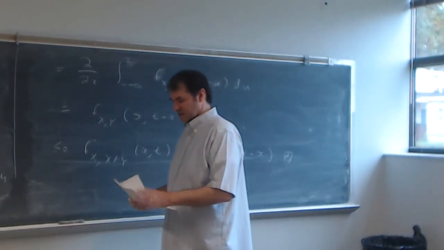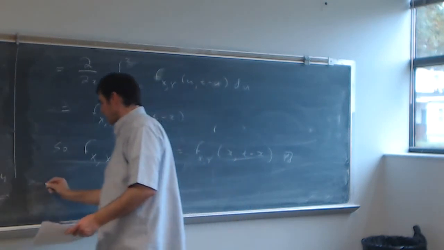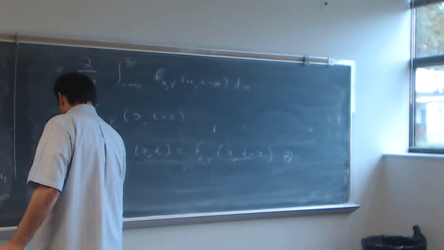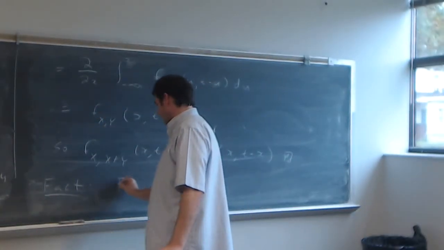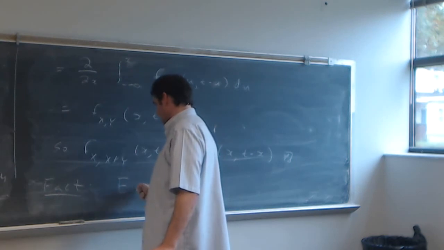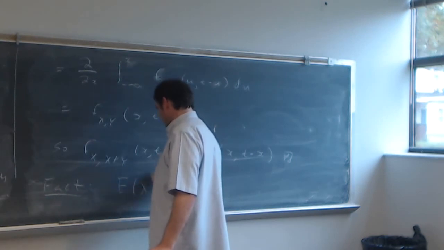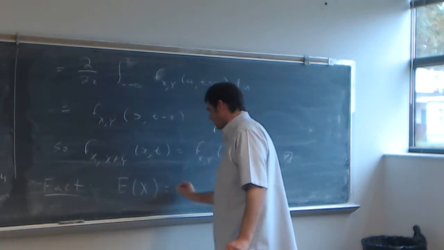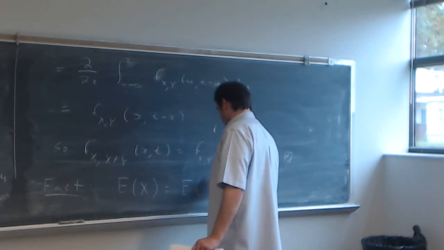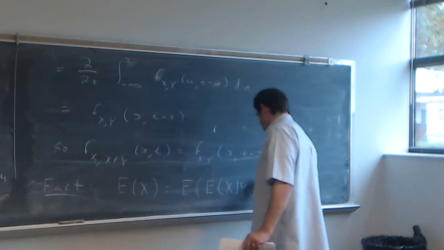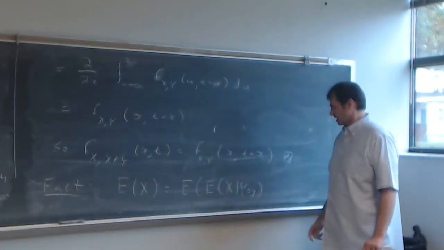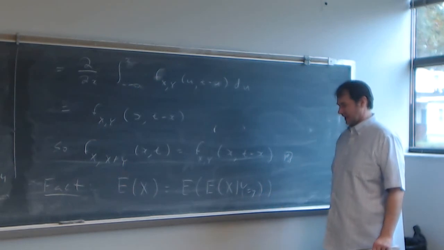Well, there's another important fact I want to list, with proof. It says the following, and let me write it down, as you know that X is a random variable. The expected value of X is really equal to the expected value of the conditional expectation of X given Y. That's a nice, interesting fact.